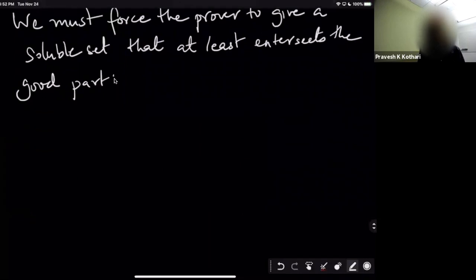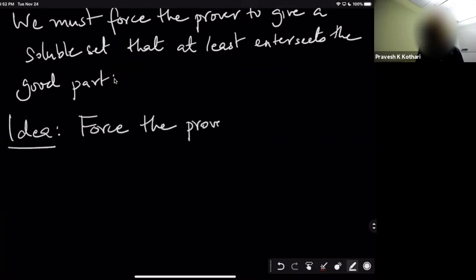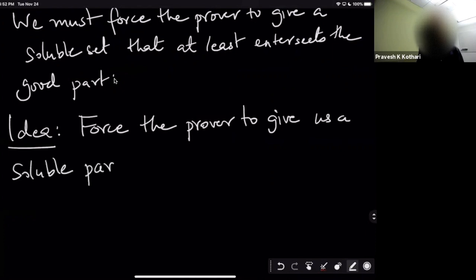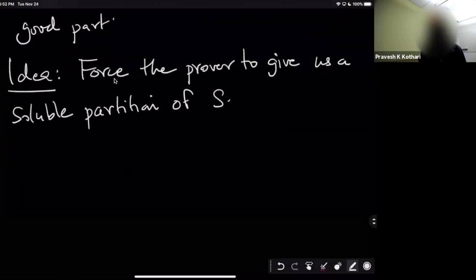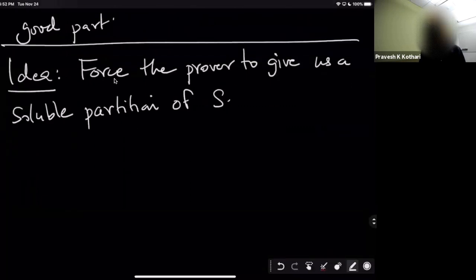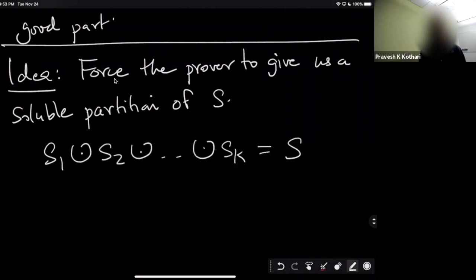So let's do the following. Here's a second idea: force the prover to give us a soluble partition. What does that mean? This time we're going to demand that the prover gives us S1, S2, and so on up to Sk, such that these sets are pairwise disjoint.